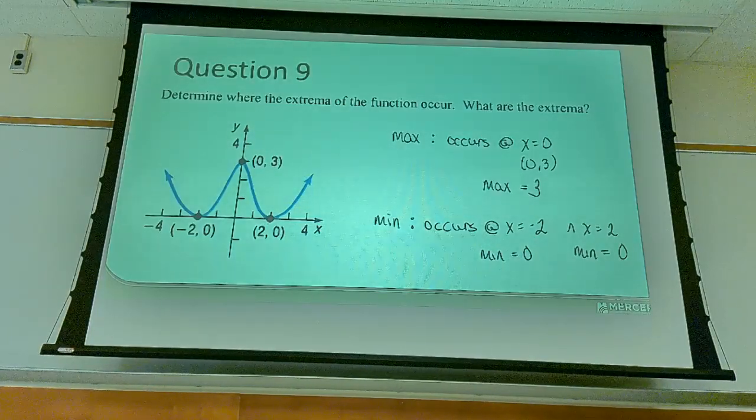There is no absolute maximum. We know that there's not, because there are arrows on either end, which means either end is going to keep going up to infinity. So in this case, there is an absolute minimum, it's 0, but there is no absolute maximum. But what if the arrows were to signify that it was only going to go up to 3? Then they wouldn't be arrows. They would represent it some other way.